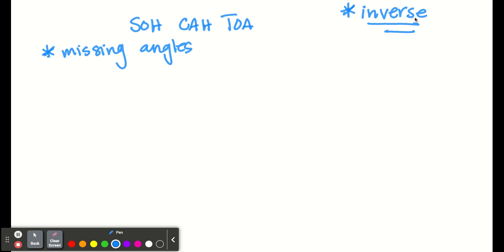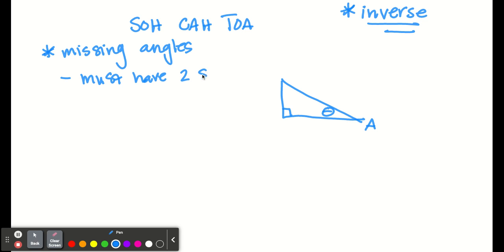We only use the inverse when we're looking for missing angles. So in order for us to find missing angles, so we'll just call this theta. Remember, we could call it A, we could call it theta, we could call it question mark, whatever it's labeled as. If we're looking for missing angles, we must have 2 side measures.